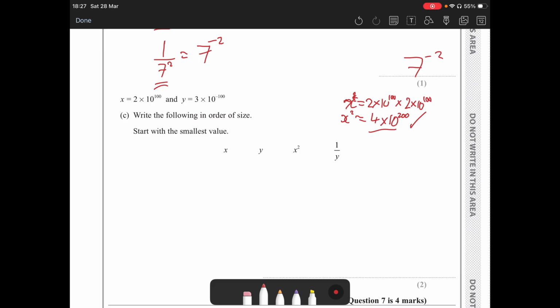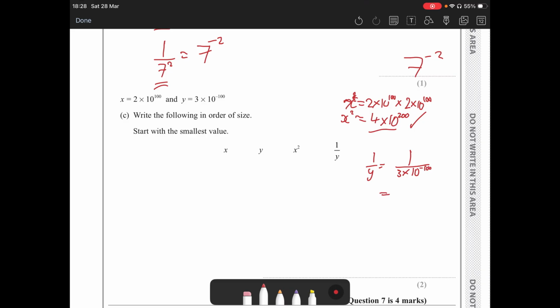Now, the tricky one is going to be 1 over y. So 1 over y will be 1 over 3 times 10 to the minus 100.